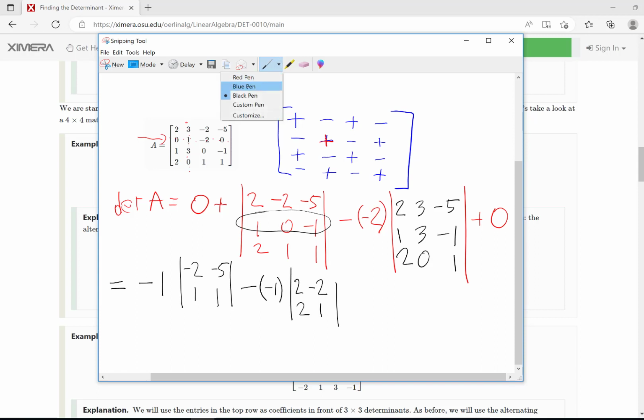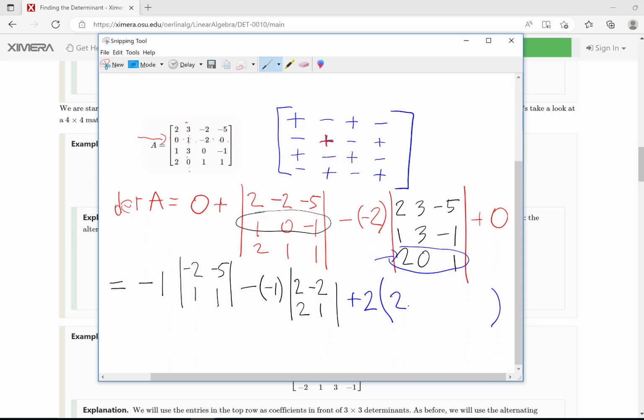I think I'll switch to blue, and I'll write +2 instead of -2. And I guess for computing this determinant, I'll use row 3 here because there's a 0 there. So I have 2 times what? Well, I have +2 from this coefficient.